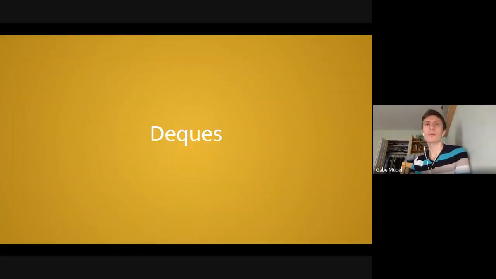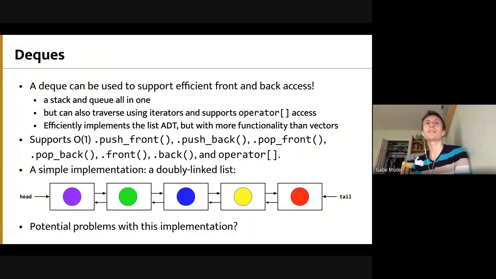So now we're going to talk about deques. A deque is basically a stack and a queue combined. What that means is it supports efficient front and back access in just one container, which is great. It's basically both things at once. It can also support random access and traversal using iterators.